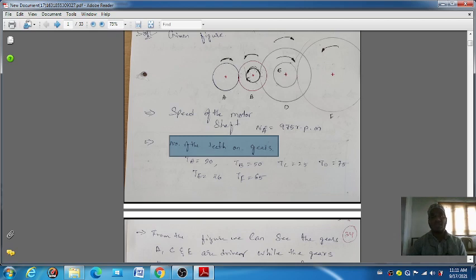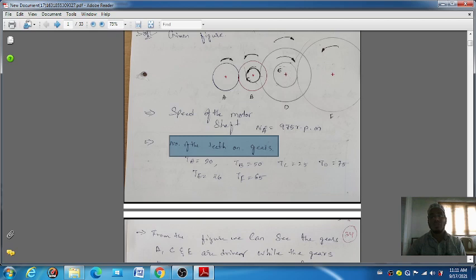Like that, C and D mesh with each other, so gear C is rotating gear D. Next, if gear D is rotated, it means E also rotates because they are on the same shaft, and then E meshes with gear F and transmits the power.